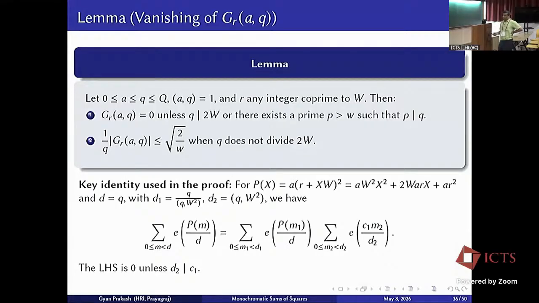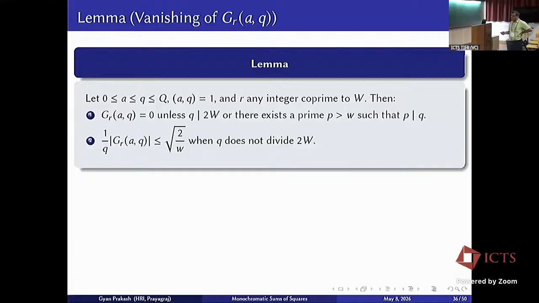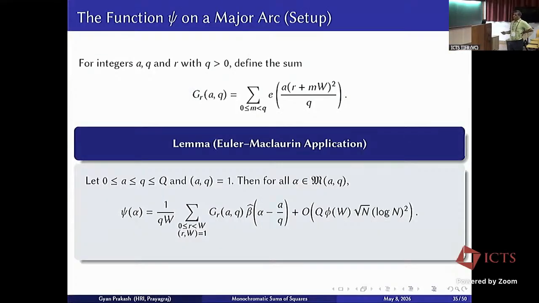So what is the key identity? Now remember what this G(a/q) was. This is a sum of certain exponential sums of a polynomial over q.